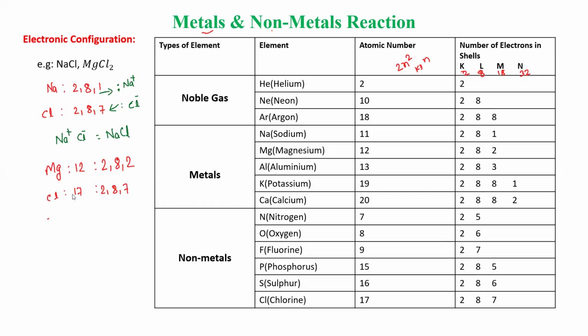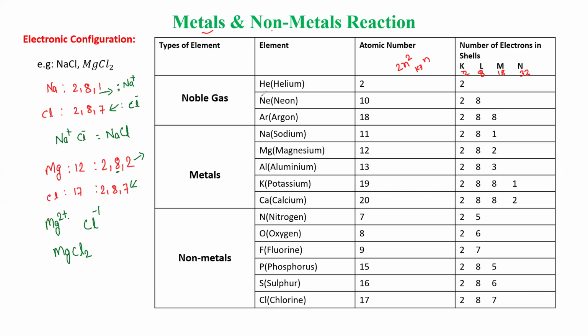Finally again, magnesium has to lose 2 electrons to get the stable state, and chlorine has to gain 1 electron to get the stable state. So magnesium is going to form the cation Mg2+, and chlorine is going to form the anion Cl−. So finally it is going to become MgCl2.